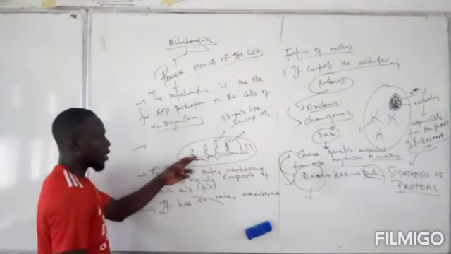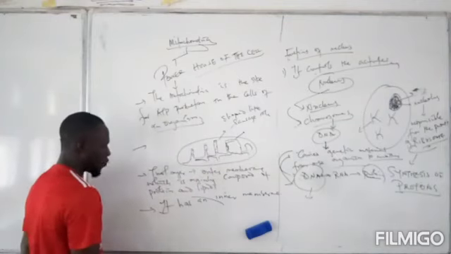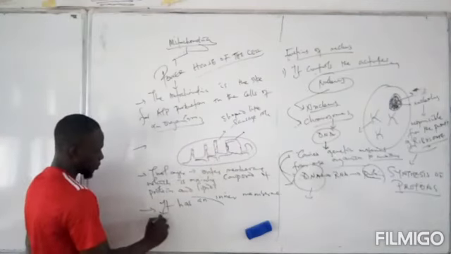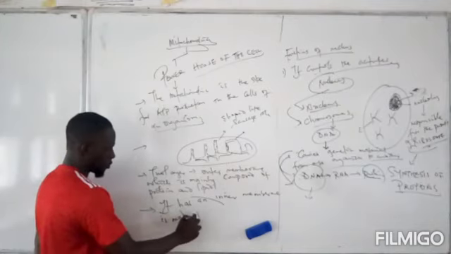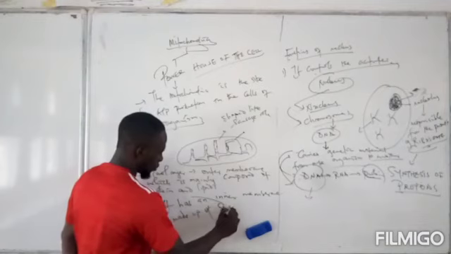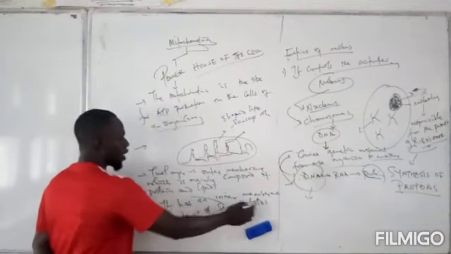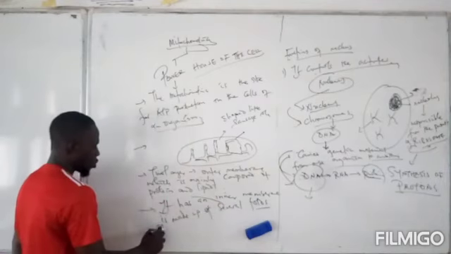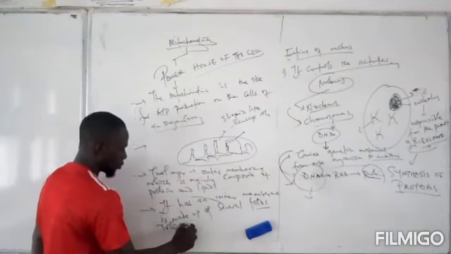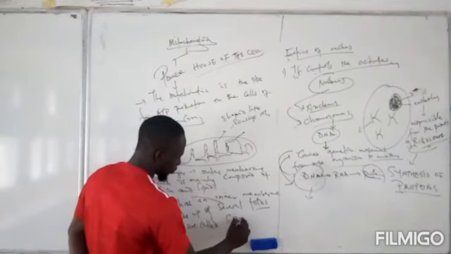Now this inner membrane is made up of several folds. As you can see, it has several folds. Now these folds are known as cristae.